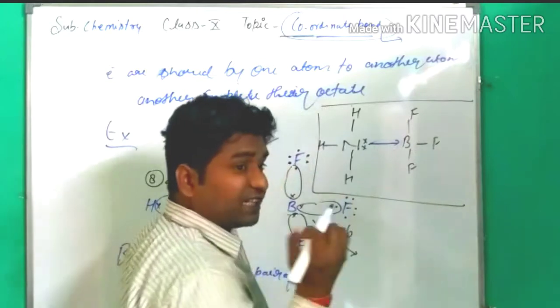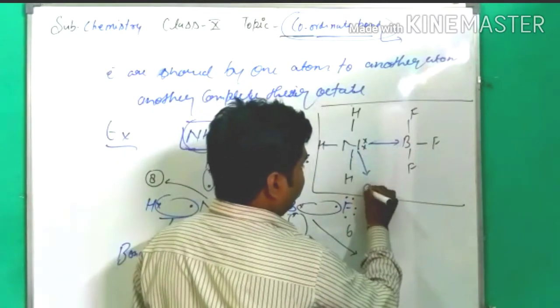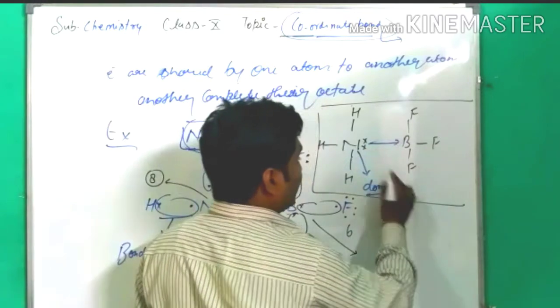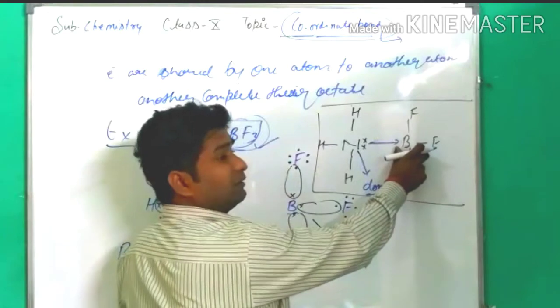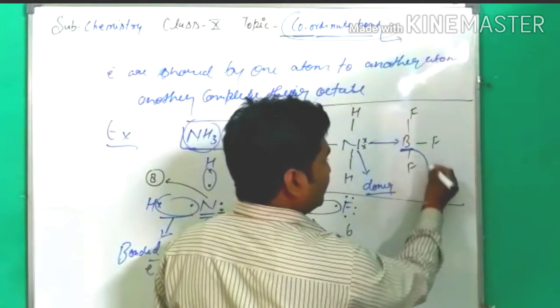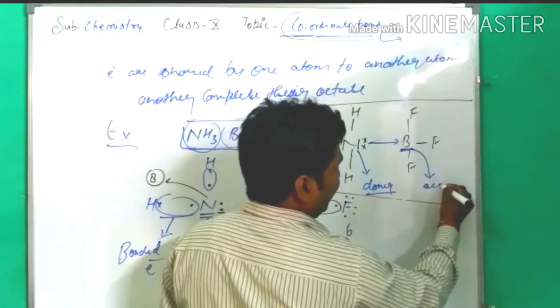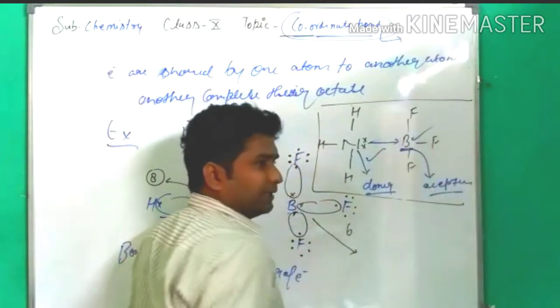The atom which contains the lone pair of electrons is called the donor, because nitrogen can donate the electrons to the boron. Which one accepts the electrons? Boron. So it is called the acceptor. Okay, it is the donor, it is the acceptor.